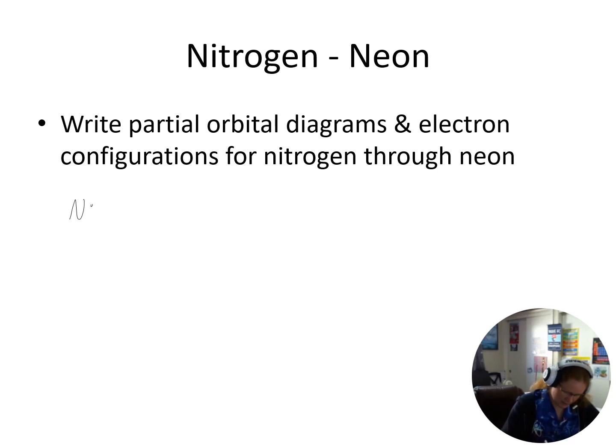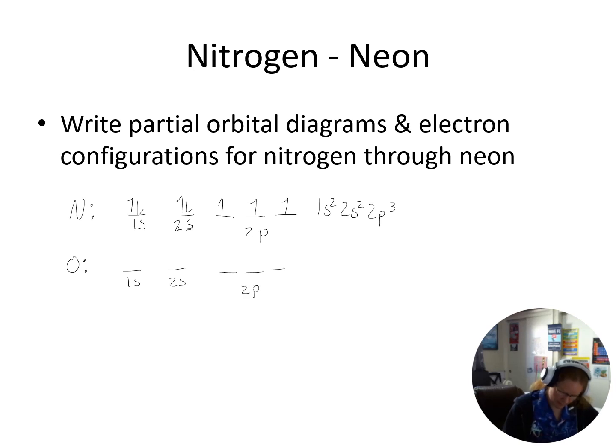So nitrogen. All right, and then oxygen. Now here's where we'll start pairing up our p electrons. Because for oxygen, we have 4 more electrons to go. So we'll go 1, 2, 3, and there we'll get our first paired p electron.